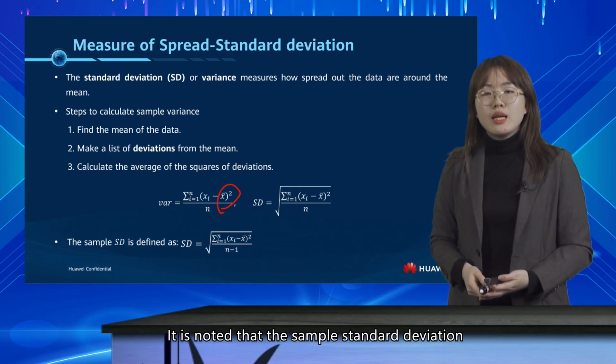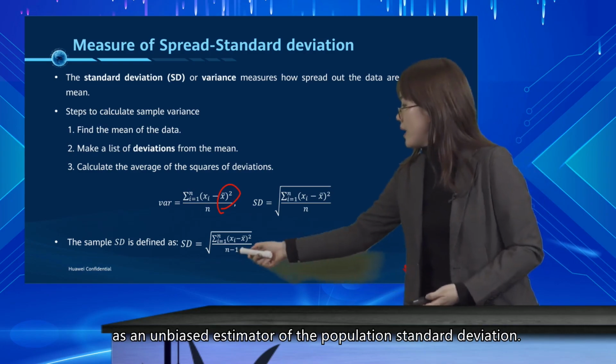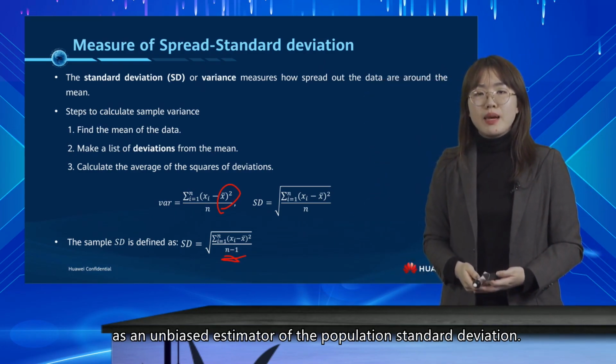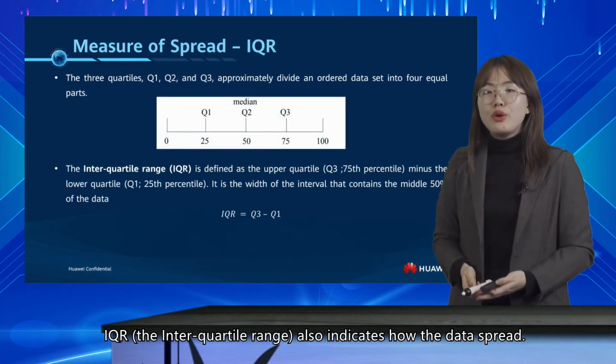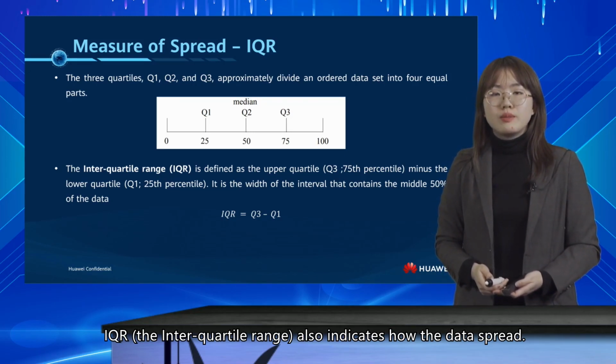It is noted that the sample standard deviation is a little different since it is divided by n-1, as an unbiased estimator of the population standard deviation. IQR, the interquartile range, also indicates how the data spread.